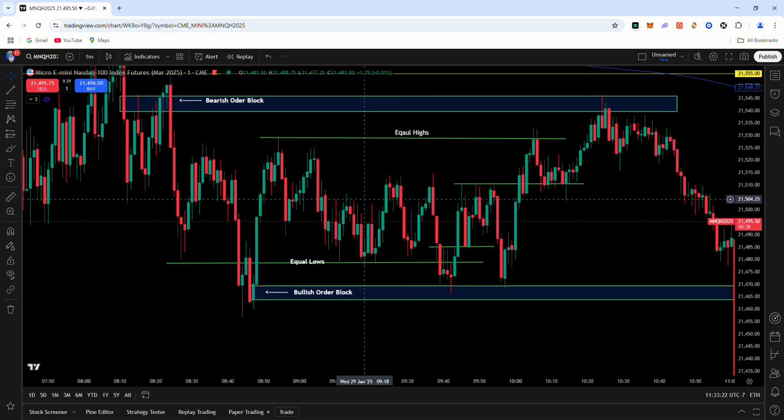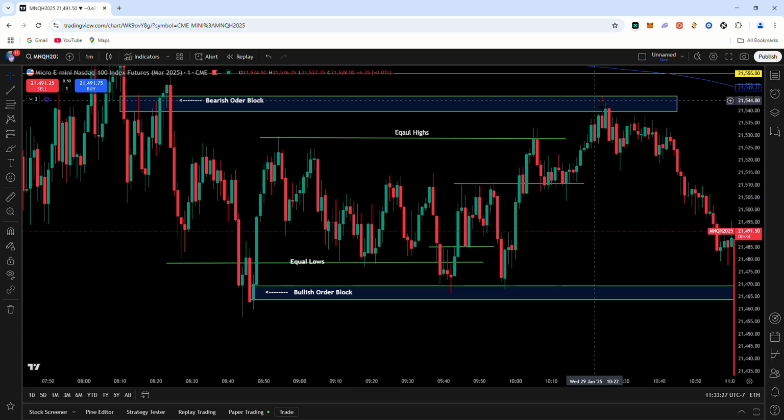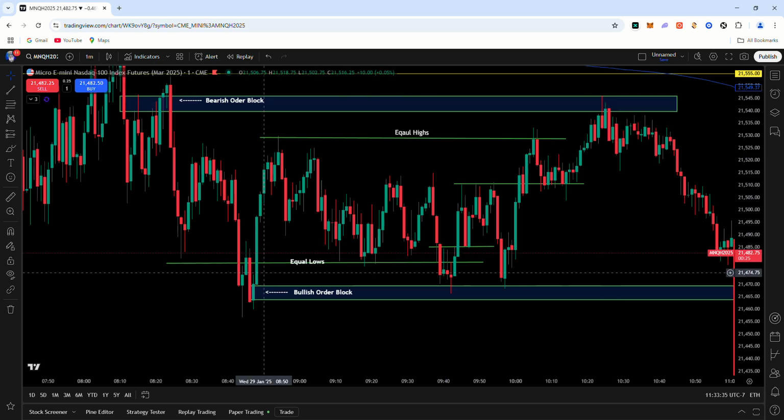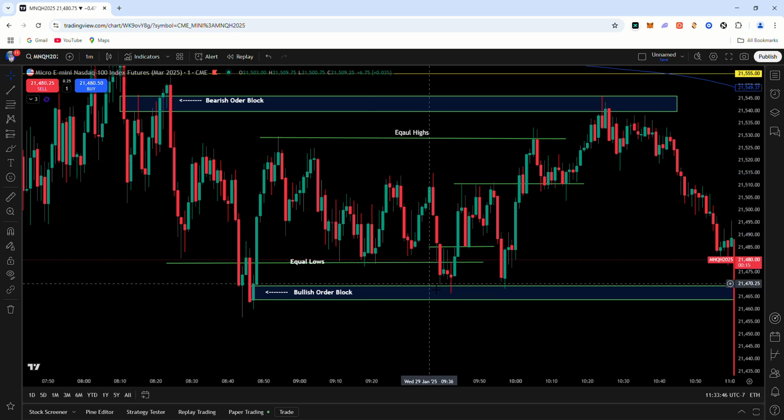Whether the setup was on the 1 minute or the 1 hour or the 3 minute or the 30 minute or the daily, it's still going to behave the same way. You're still going to be looking for the same behaviors, the bearish and bullish order blocks, whether this was the 30 minute or the 1 minute or the 5 minute. You're still looking for these same setups, right?